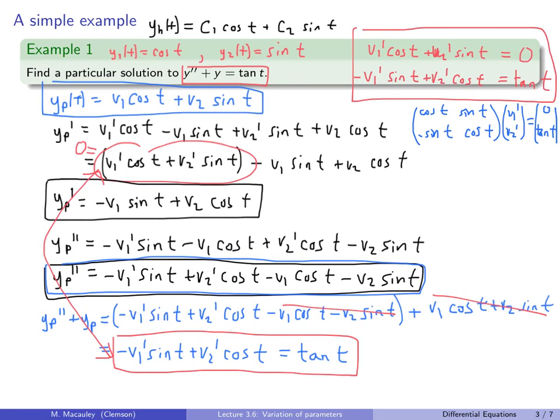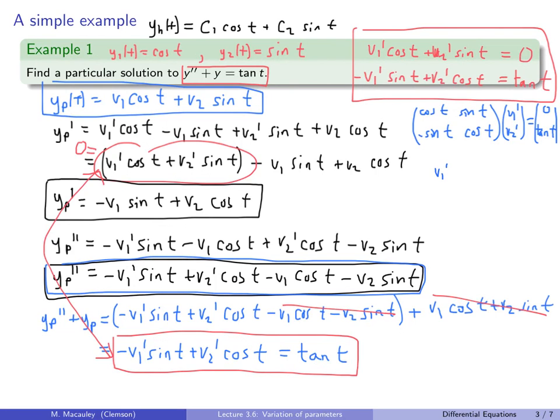Just barely fit that in. And this may seem a little random now. Why did I do this? But notice what these entries are. This entry is y1, this is y2, this is y1 prime if you include the negative sign, and this is y2. So yes, in general, you do get a system.